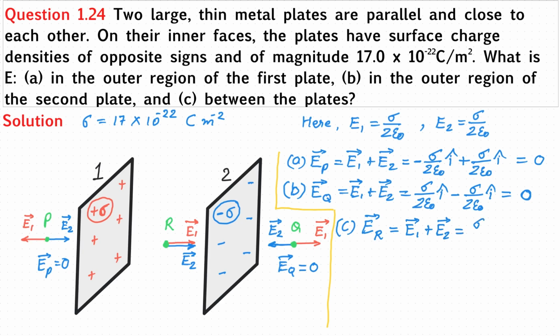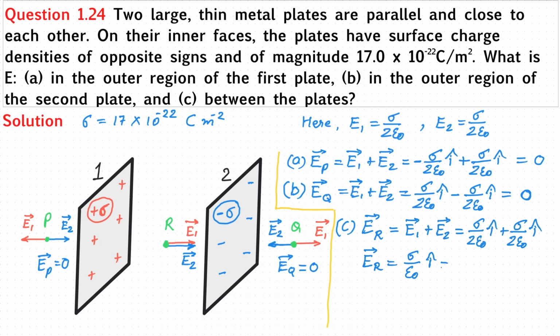That's why the equation will become sigma upon 2 epsilon 0 caret i for E1, and the same will be for E2, that is sigma upon 2 epsilon 0 caret i. So as a whole it becomes sigma upon epsilon 0 caret i.